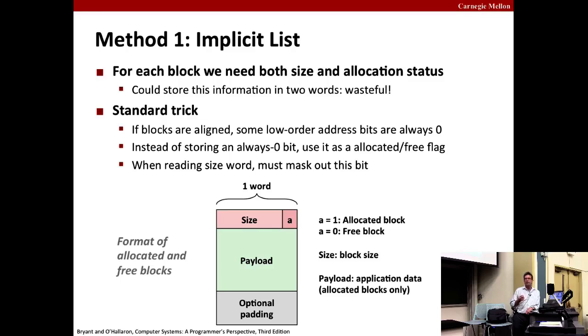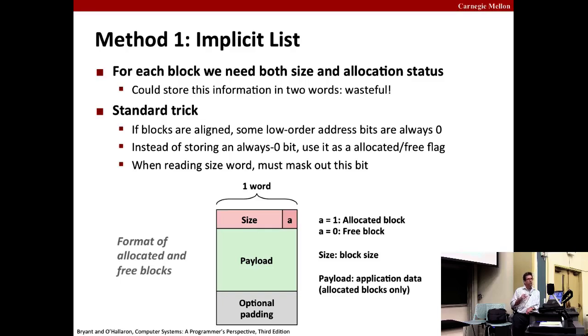If a block is aligned to, say, an 8-byte or 16-byte boundary, then the low-order bits are always going to be 0. If it's aligned to an 8-byte boundary, the 3 low-order bits will always be 0. 8 is 1000, 16 is 1 with 4 zeros.